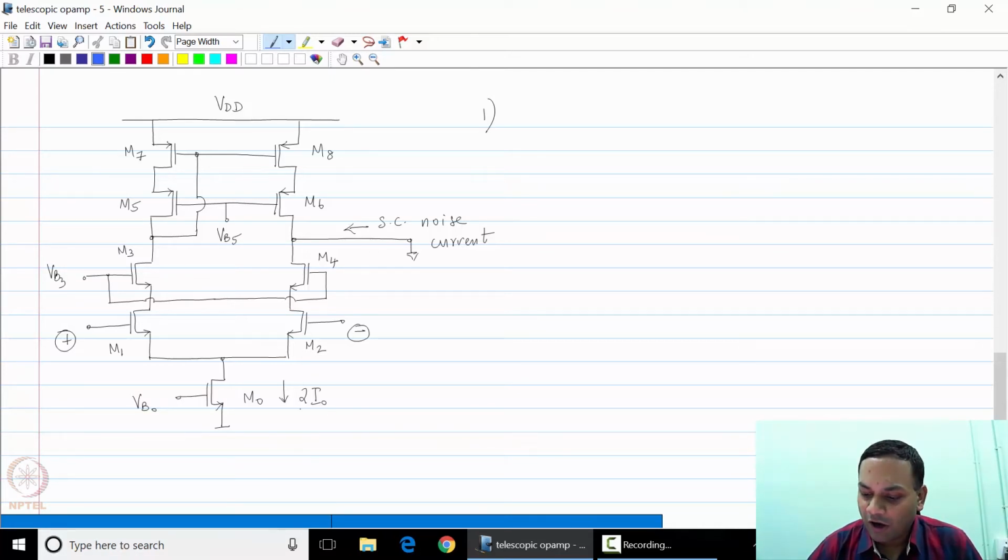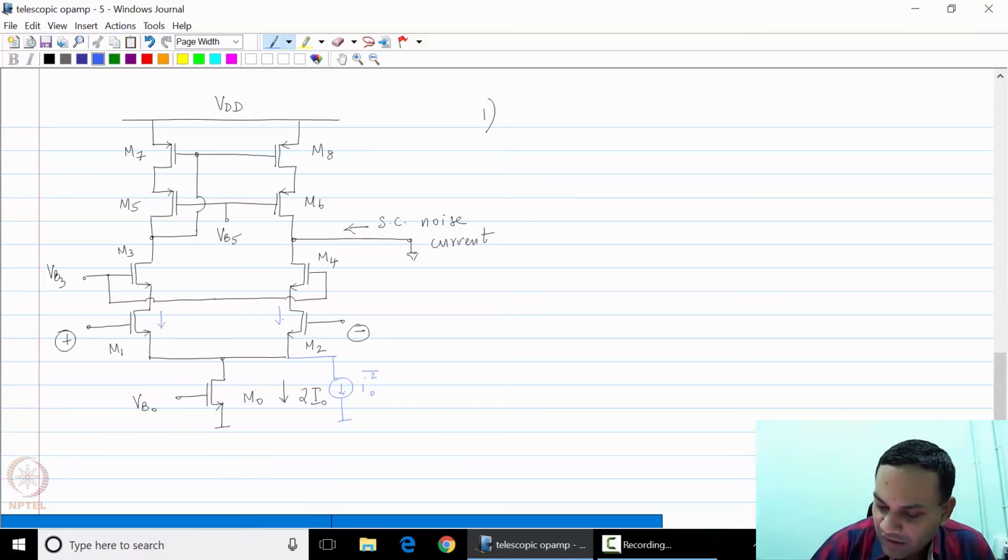As you might imagine, the noise of M0, which I'll call I0, is in parallel with M0. The impedance looking up through both sides is almost the same because it is 1 over GM1 versus 1 over GM2.